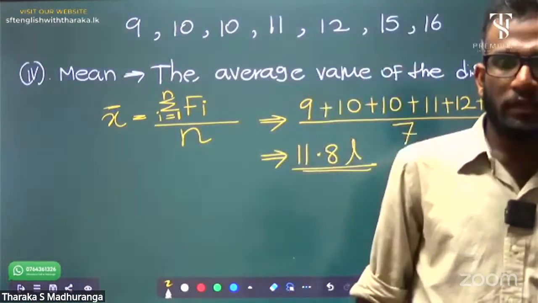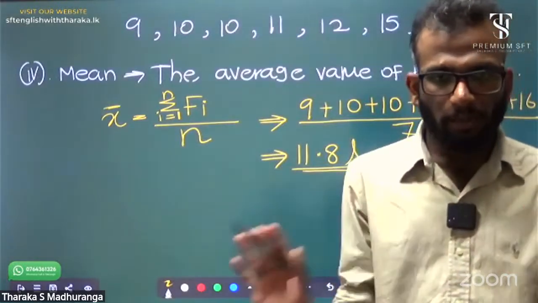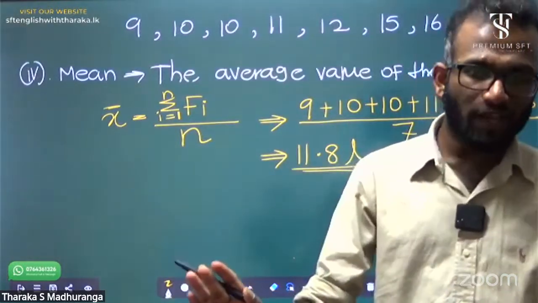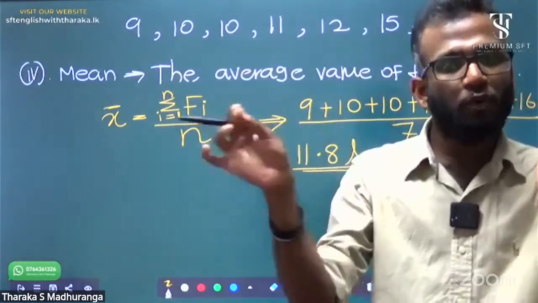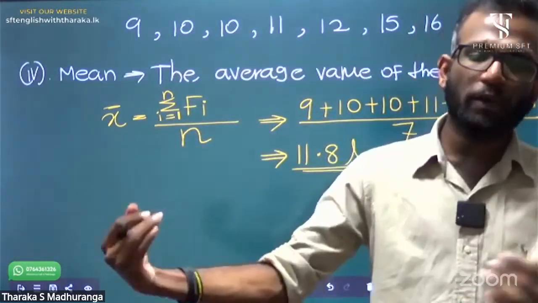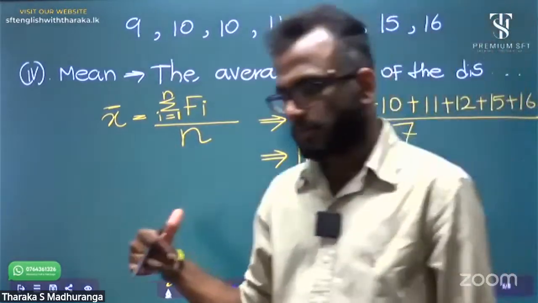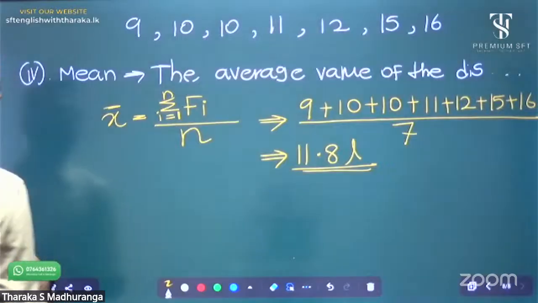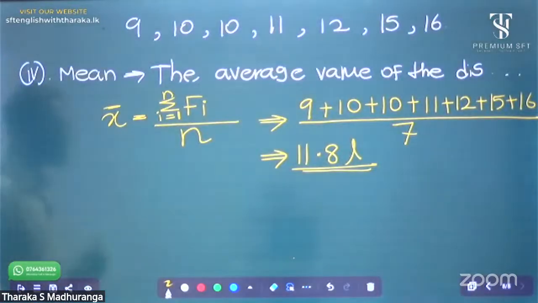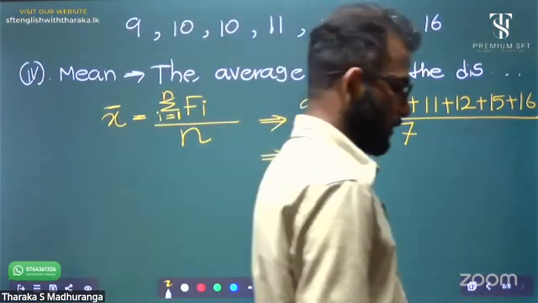Okay. What's the meaning of mean? Remember the definition, the average value. You can get the sum of all numbers of the distribution and divide by the number of data. Understood? Clear? Right.